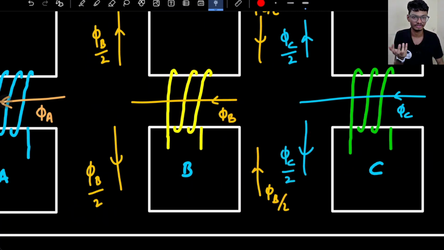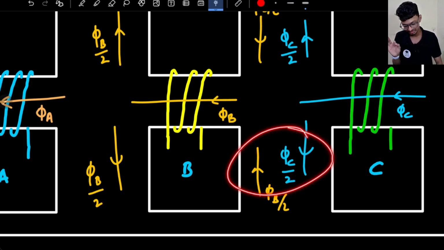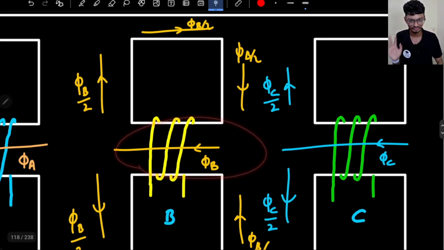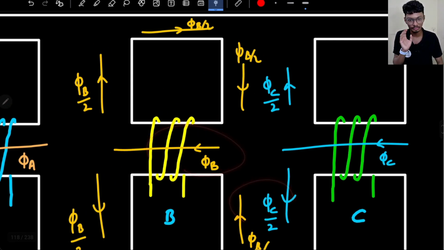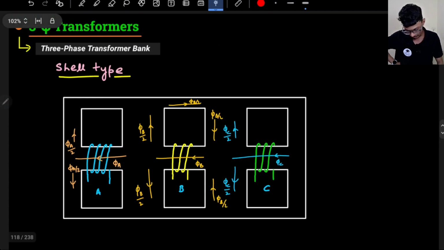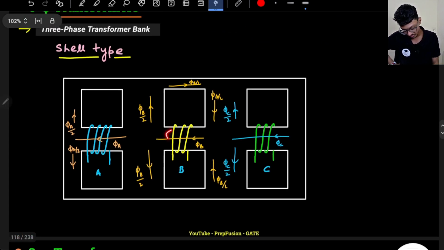I don't know exactly the value, but the flux value will be different. It is only phi B here, and here it is something else. I will calculate that value as well, don't worry. So if the flux here is, let's say, phi B, what is the flux here?